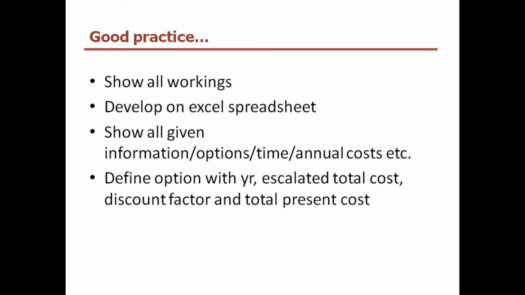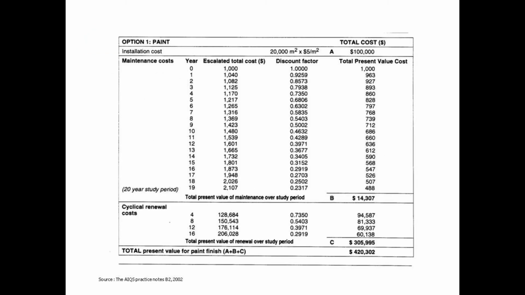And last but not least, define the options with the year, the escalated total cost, discount factor, and total present cost. Workings for a simple present value life cycle cost calculation should look something like this, which is quite often different to a program where you throw in the numbers, what your options are and what your assumptions are, and it spits the number out at the bottom.